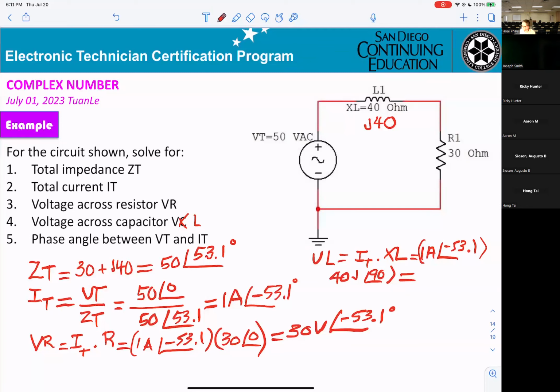So did you get 40 at an angle of negative 23.1? Okay, VL equals I total times IL. Right, and I'm asking you, did you get 40 at an angle of negative 23.1? For VL, that's what I'm asking.